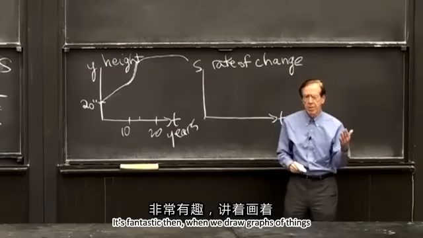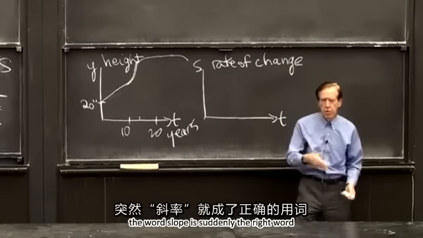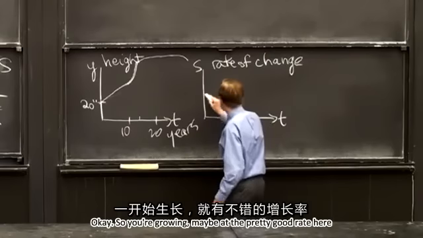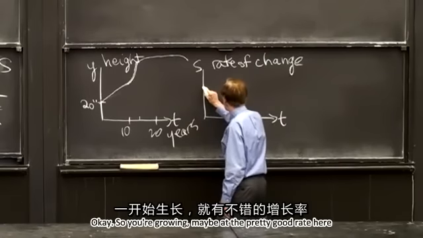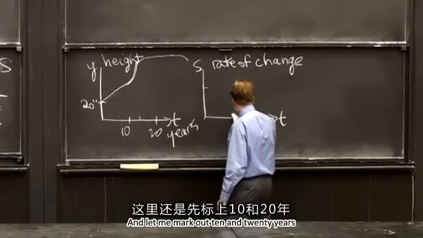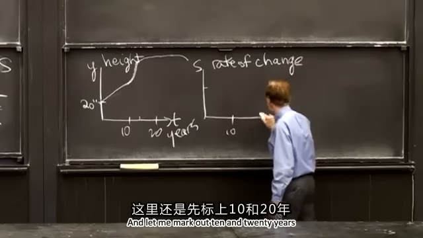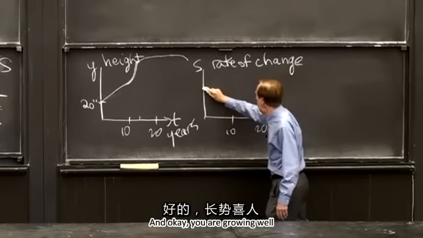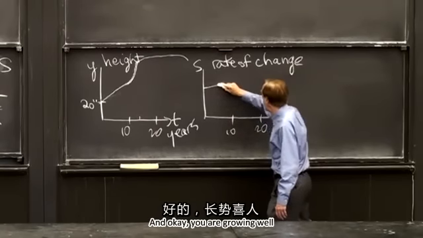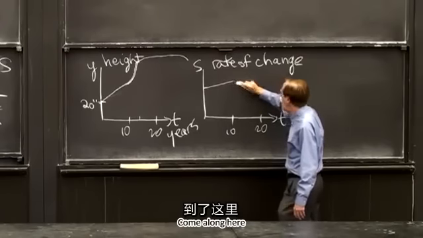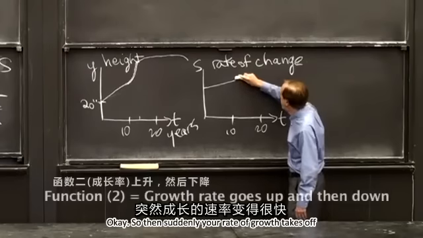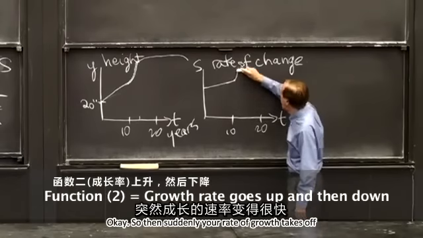It's fantastic that when we draw graphs of things, the word slope is suddenly the right word. So you're growing at a pretty good rate here. Let me mark out 10 and 20 years. You're doing well, coming along here. And then the growth spurt.